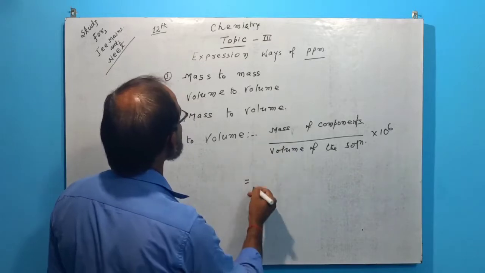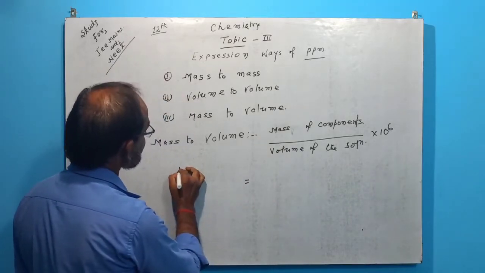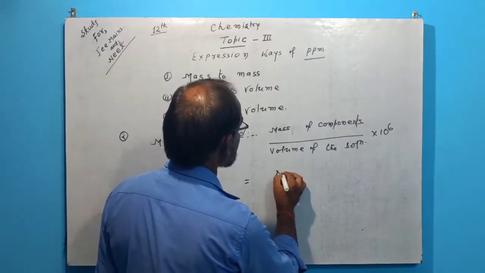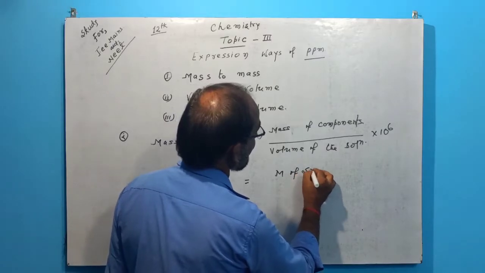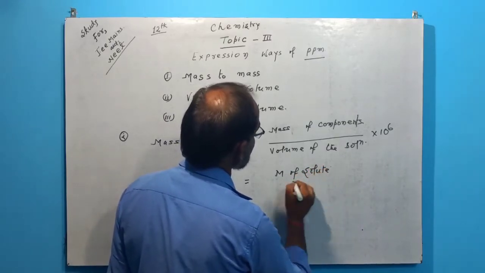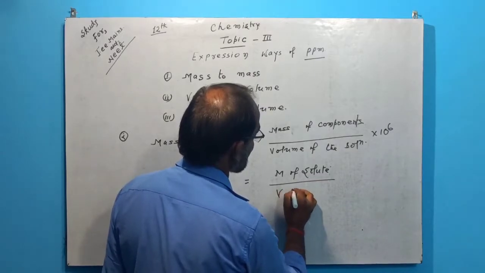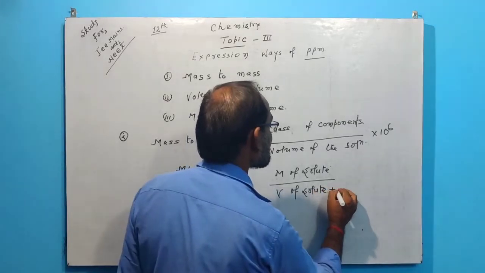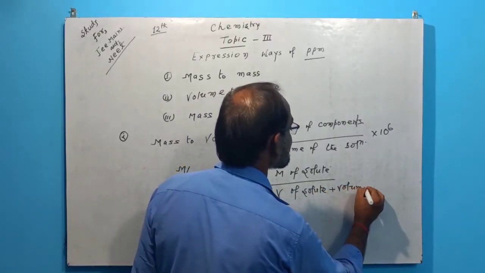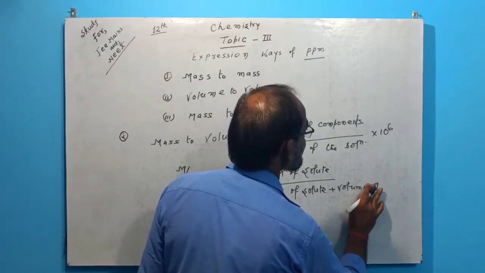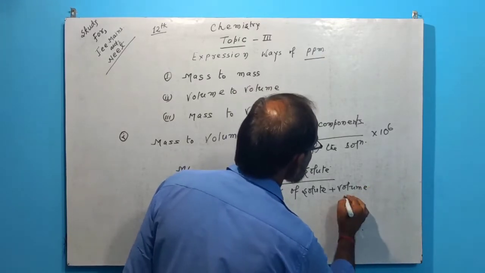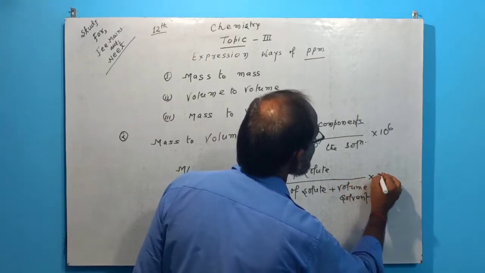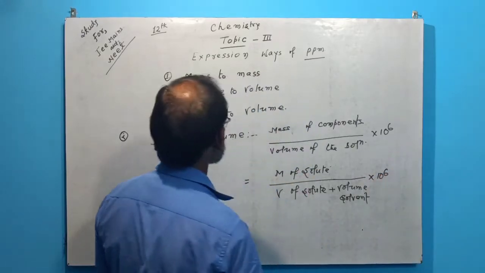That can also be derived: mass upon V is mass of solute upon volume of solute plus volume of solvent into millions of times.